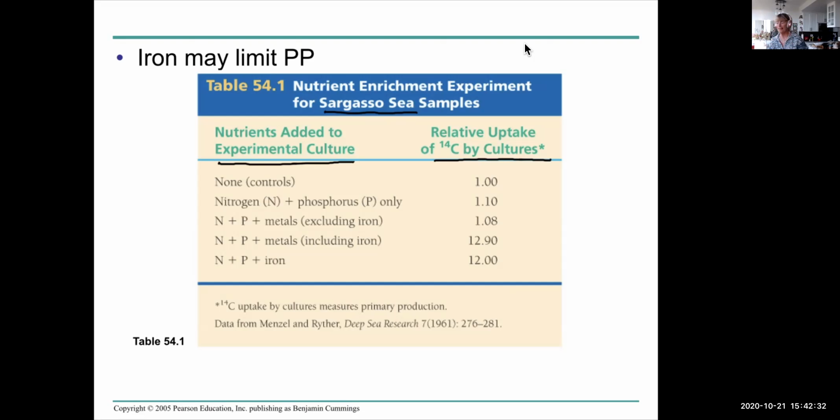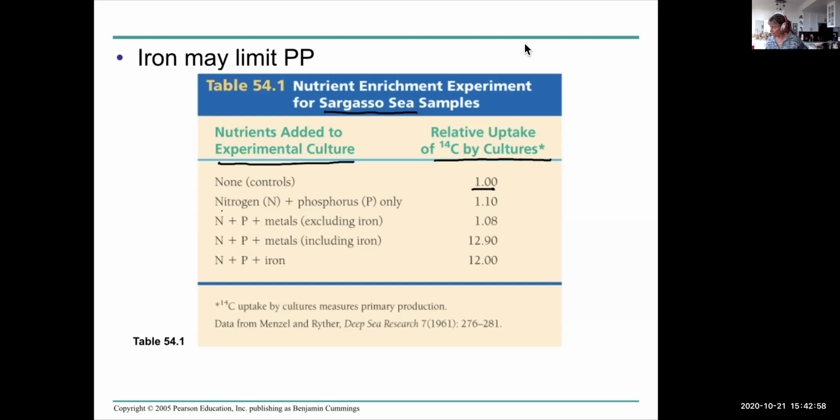Carbon dioxide is taken out of the atmosphere by plants through photosynthesis, and a proportion of that carbon is carbon-14, which can be traced and detected. The relative uptake of the control is 1, an arbitrary number, whereby the nutrients have not been added.